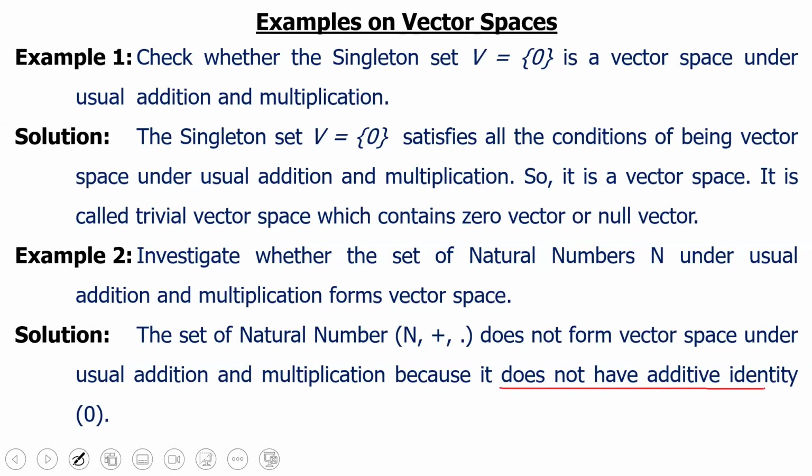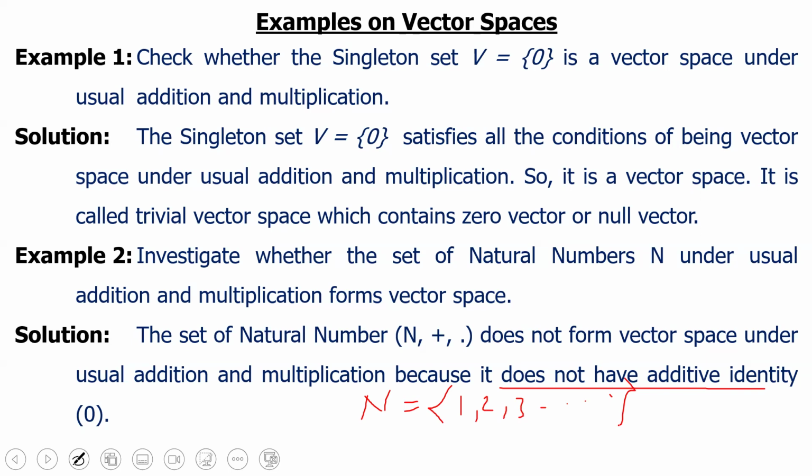We know that N contains the numbers 1, 2, 3, and so on. So in this set of natural numbers, 0 is not present. Since it does not have an identity element, it will not satisfy the identity property of being a vector space. Therefore, it is not a vector space.